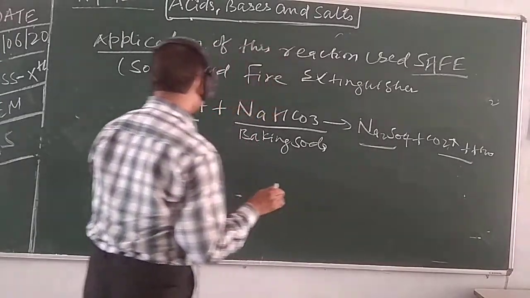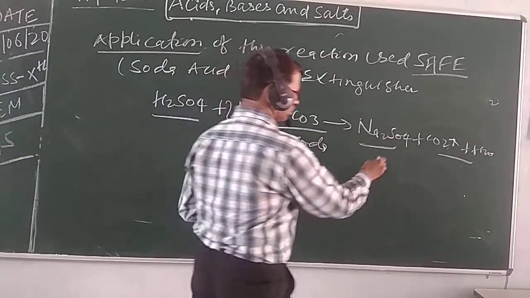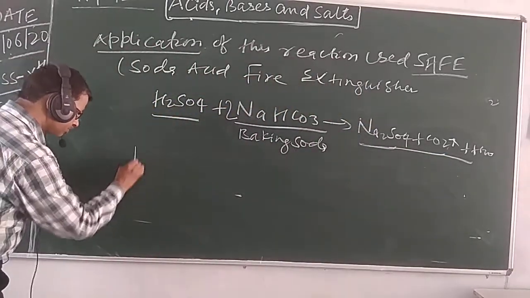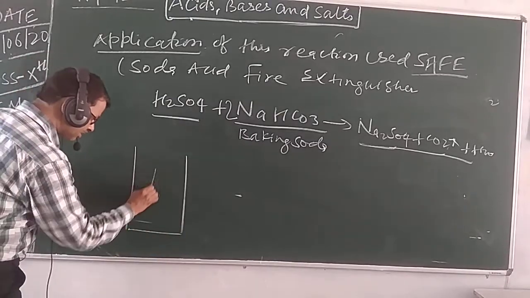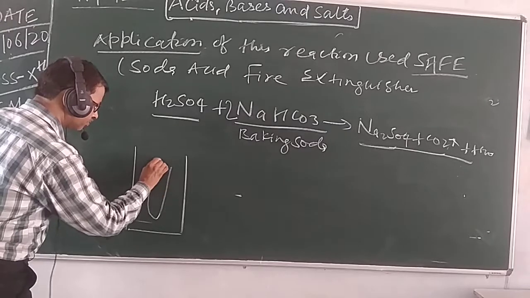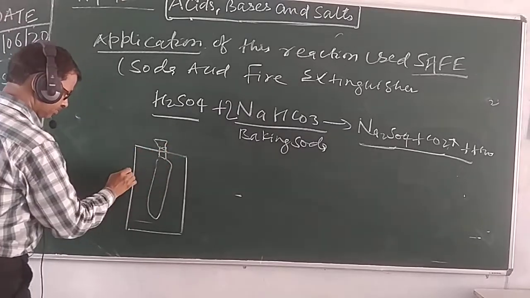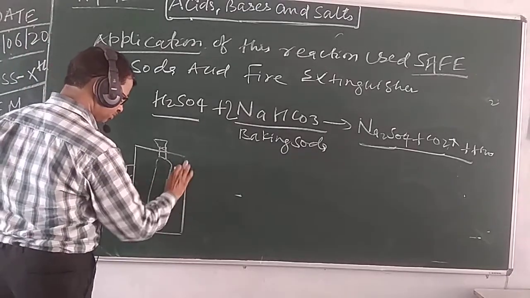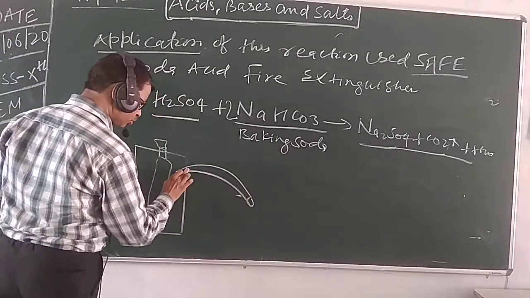This reaction takes place in one cylinder. I am just going to draw the cylinder. Just see, the cylinder is there. Inside the cylinder one tube is there, and one exit tube is there.